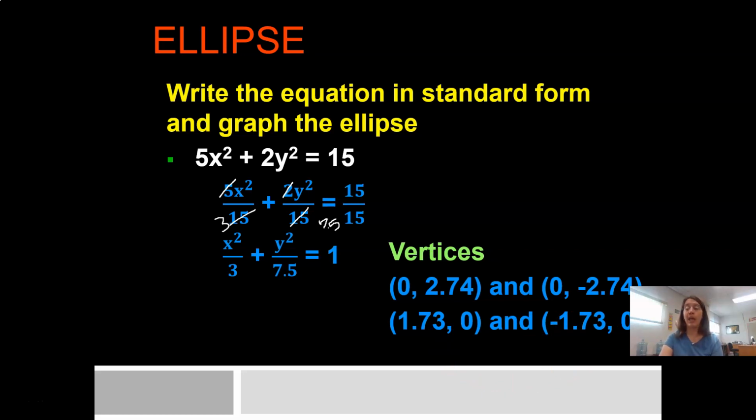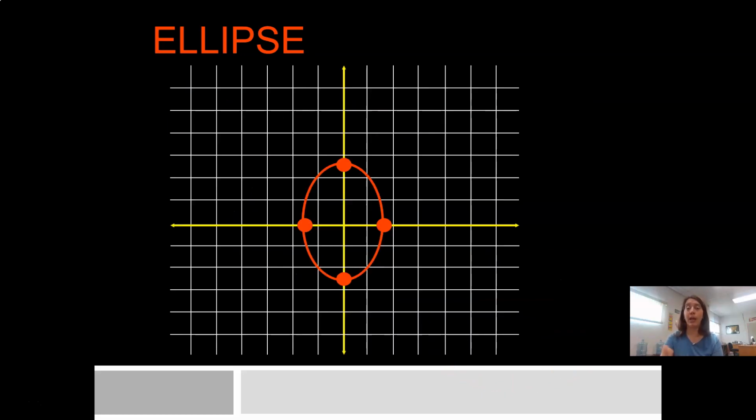If I put that information on our picture, this is what our ellipse now looks like. Notice the major axis is the y-axis. It's going taller than it is wide. I went up 2.74 spaces, and down 2.74 spaces. I went to the right 1.73 and left 1.73 spaces.